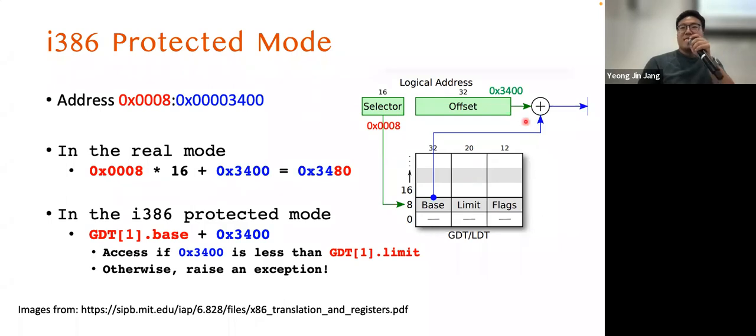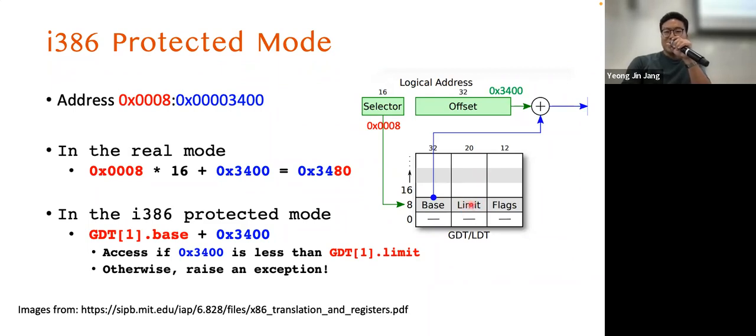Another thing that protected mode does is, as the name itself says, protect. It does some kind of isolation so that one program cannot access another program's memory. To do that, we can set the limit.